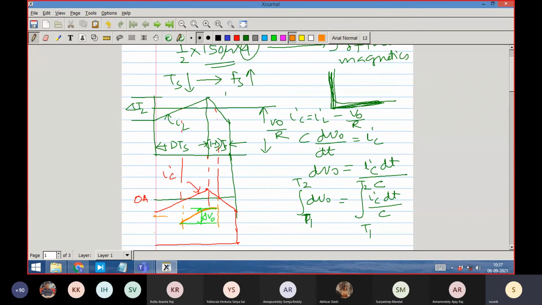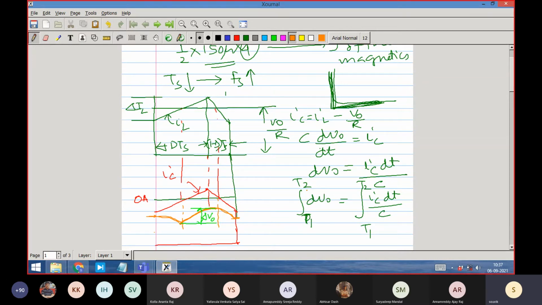I only know that this will be decreasing, because the current is negative, and here also it will be decreasing, because the current is negative. So negative means voltage is decreasing, positive means voltage is increasing. And because I am imposing the condition of steady state, these 2 points must be equal. So this is delta V naught that we will be interested in computing. So in our case, T1 is what instant?